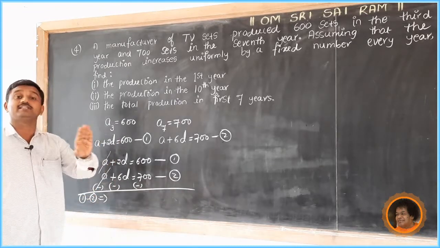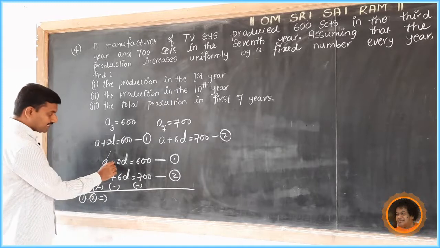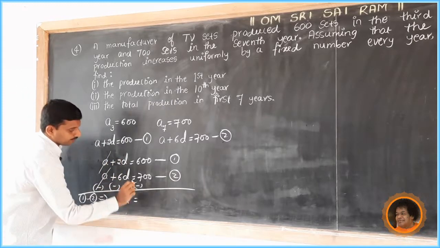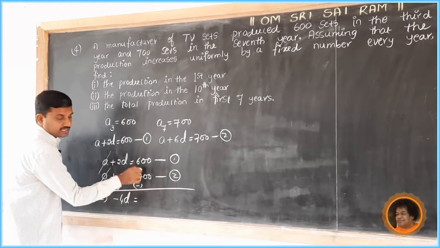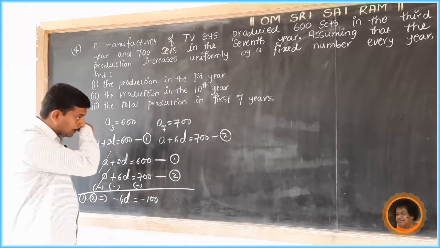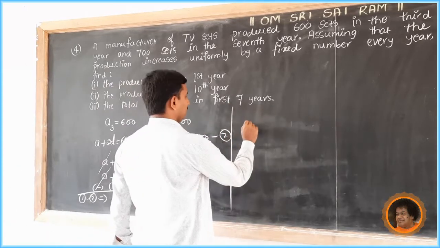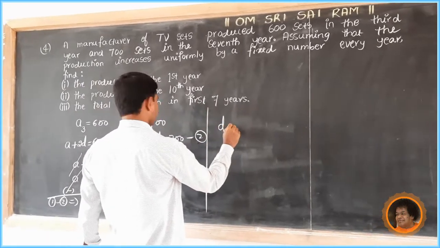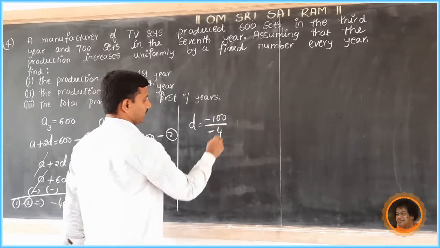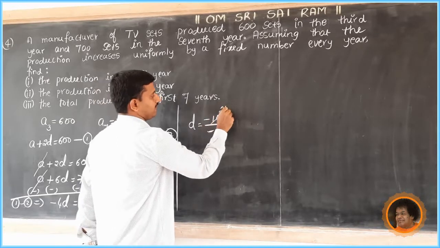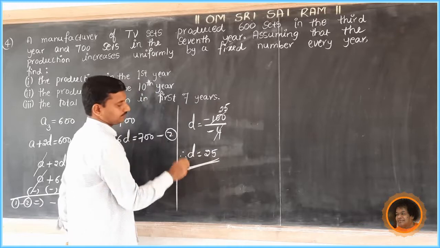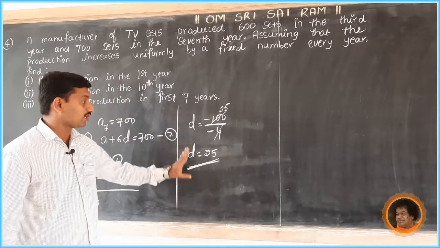This method is known as the elimination method. So, 2d minus 6d is minus 4d, equal to 600 minus 700, which is minus 100. So d equal to minus 100 divided by minus 4, which is 25. Therefore d equal to 25, the common difference.